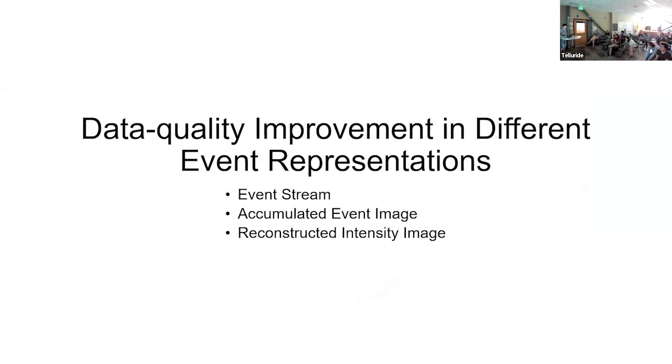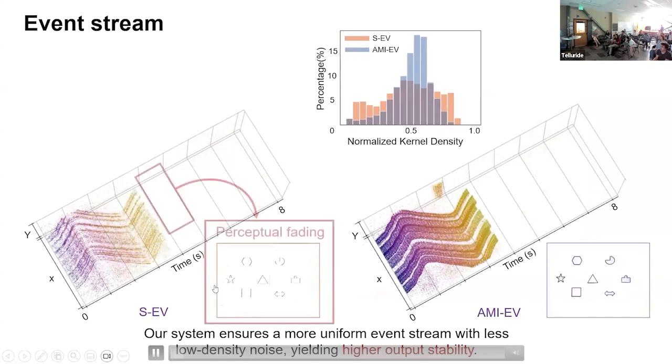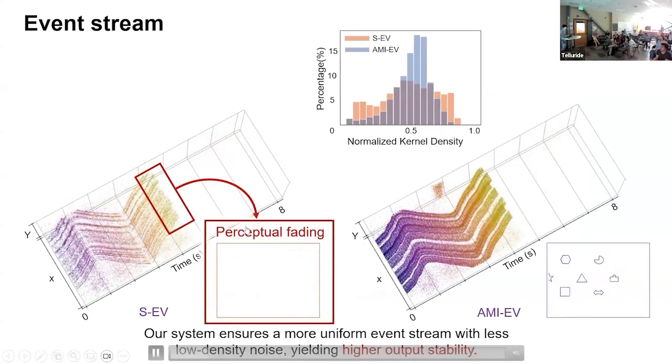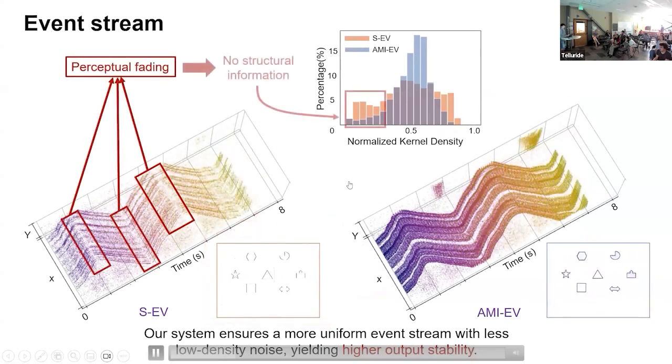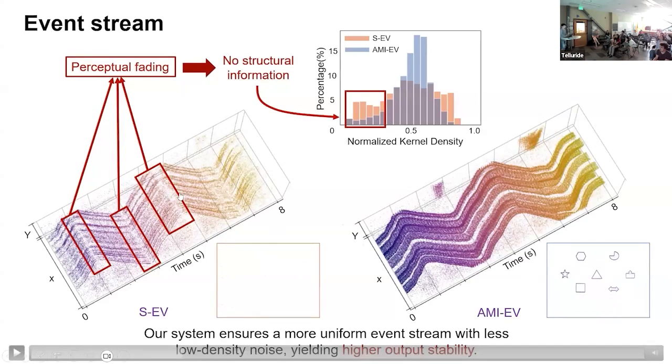In this experiment, we tested how our camera changes the data quality. For the raw event stream, the standard event camera will have a phenomenon called perceptual fading when it changes its moving direction. But our camera won't. As you can see here, there is the local density of each event.